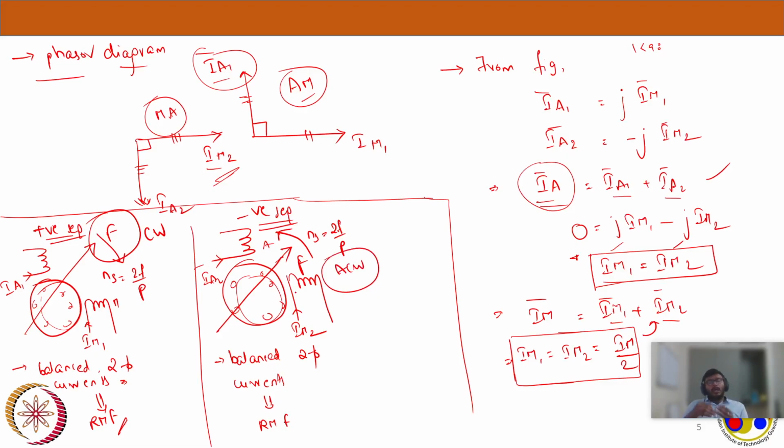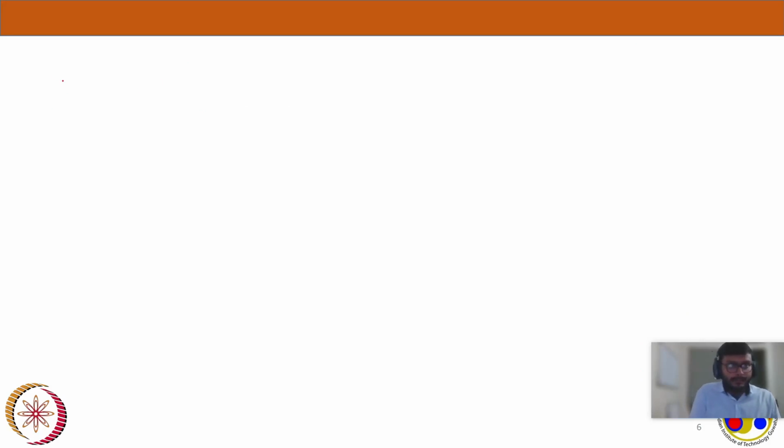Now, if I apply external force in the clockwise direction, my positive sequence field will be in the same direction as my external force, that is clockwise, but my negative sequence field will be in the opposite direction.